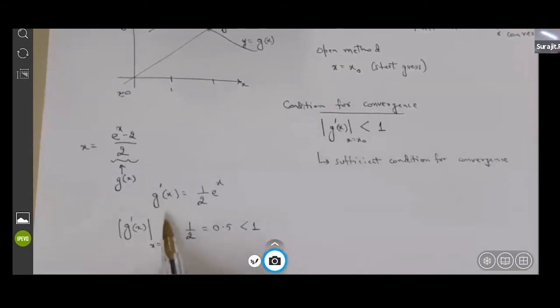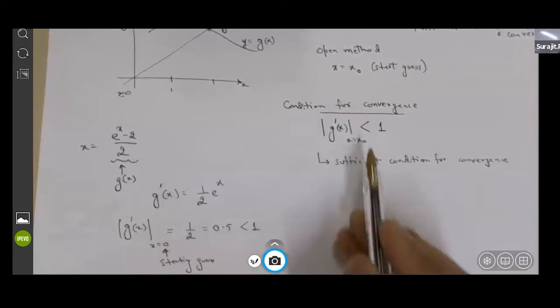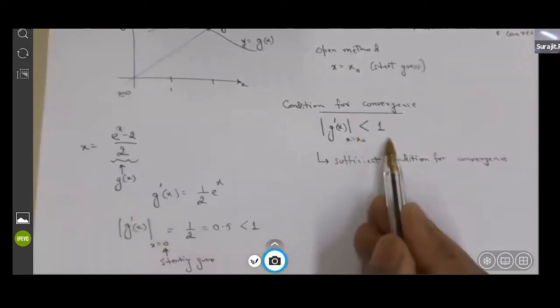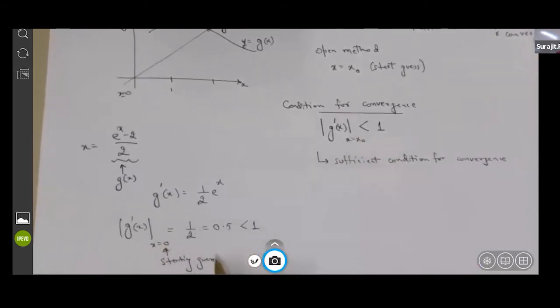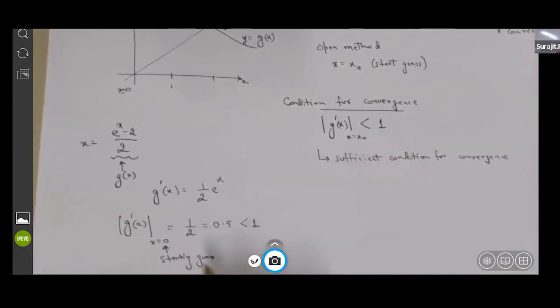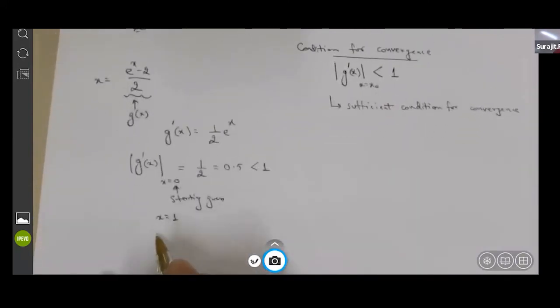So I start with x equals 0. That is my starting guess. Since this satisfies the condition, that g prime of x at the starting value is less than 1, I am pretty sure that my sequence will converge. The same thing was happening when I was selecting x equals 1 and x equals 2.